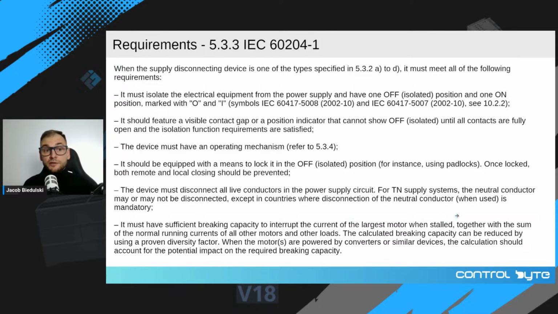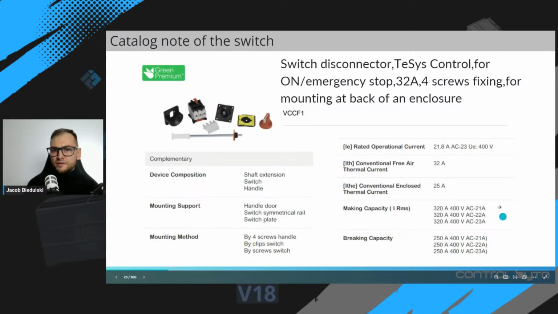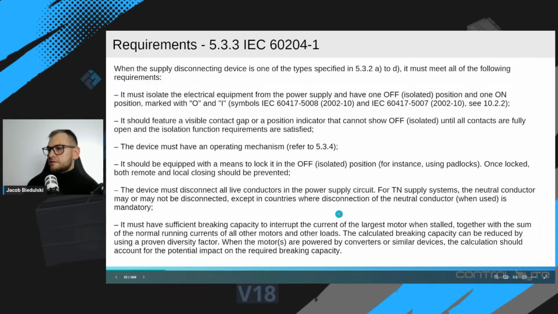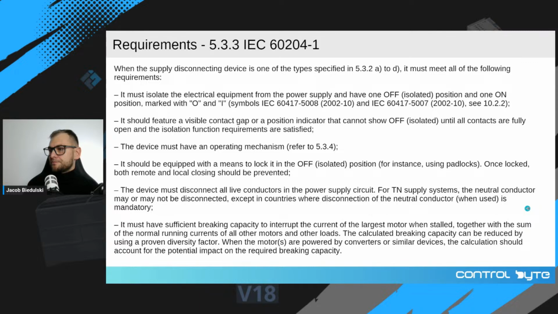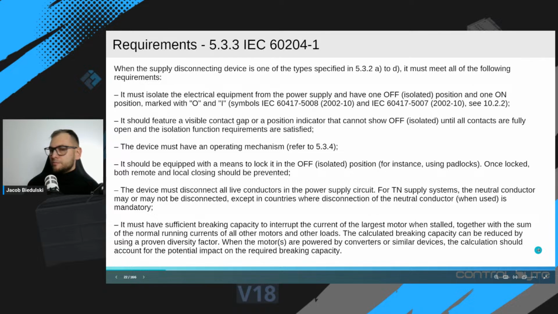So if you want to design your control cabinet, your control system, you have to make a list of motors that you will have in your control system, and you have to check the catalog, check the data and parameters of the switch disconnector, and you base on this standard when you make the selection.